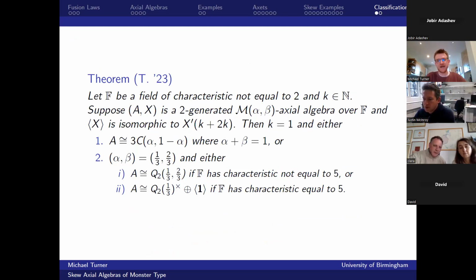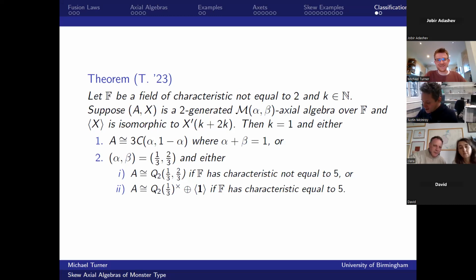Possibly. I haven't actually checked, but hopefully Josh's PhD thesis or the paper gives us some idea on what that automorphism group is going to be. Actually, I think I could find out for you, run some code on it and find out.